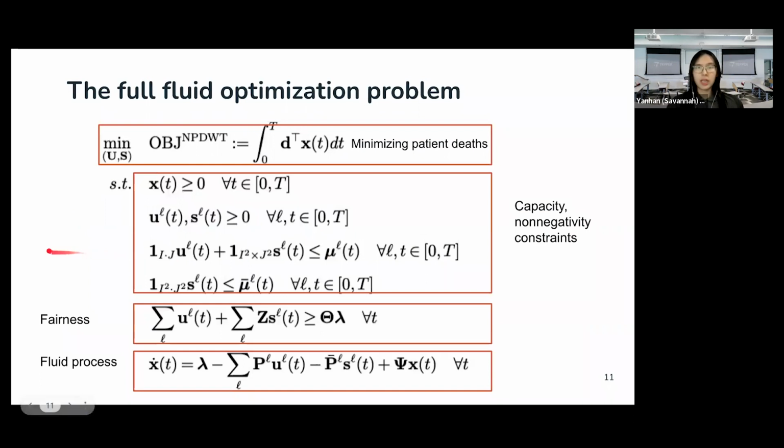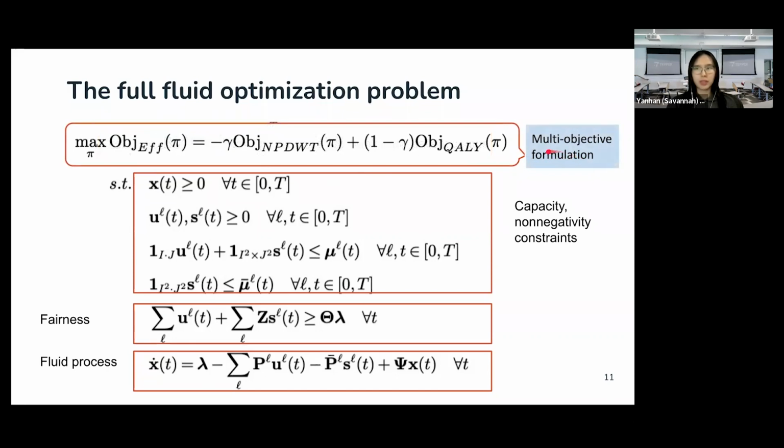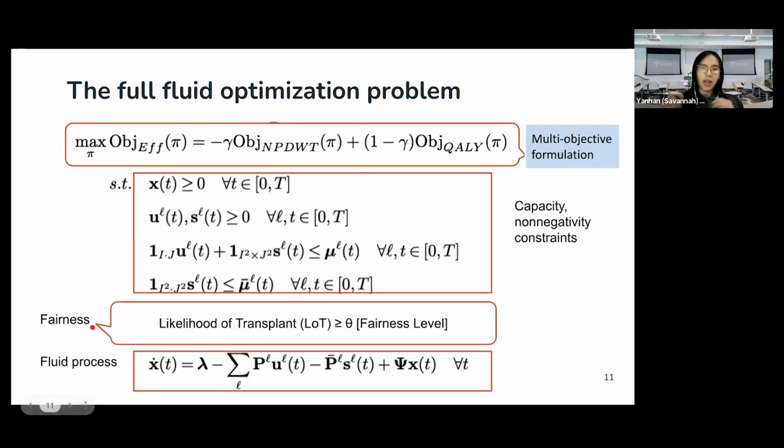So this is the full math problem, the fluid optimization problem. And this illustrates a single objective formulation. We can also replace it with a multi-objective formulation to balance different objectives of transplants. We have capacity and non-negativity constraints, and we have fairness constraints that require the likelihood of transplant for each patient group to be no worse than some predefined fairness level.